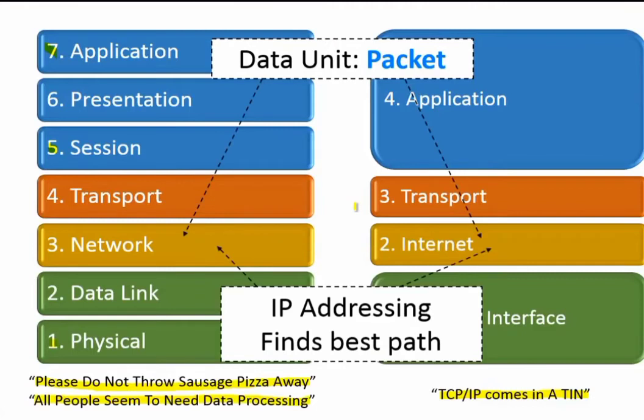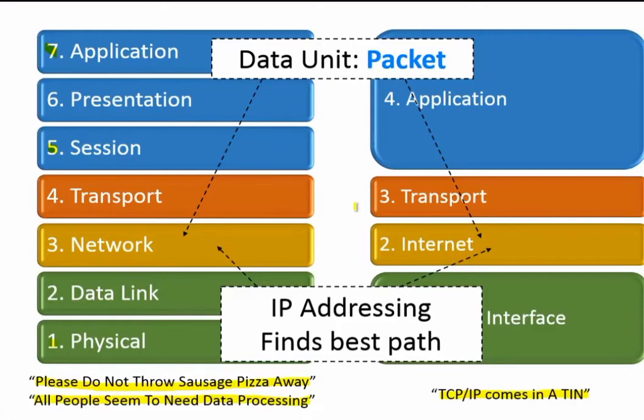Next, we learn about the network layer. When the network layer gets a segment from the transport layer, it adds a network layer header. When a network layer header is added, that information is called a packet. So one of the critical functions of the network layer is IP addressing, also known as logical addressing.